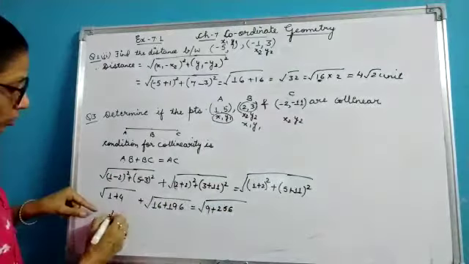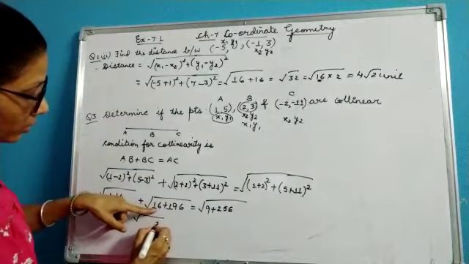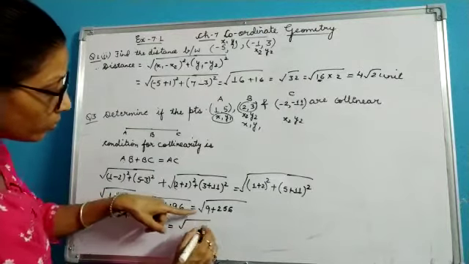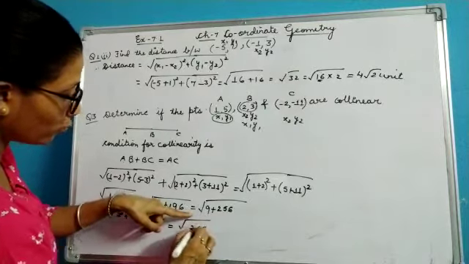So here it is root 5 plus under root 212, equal to under root 265.